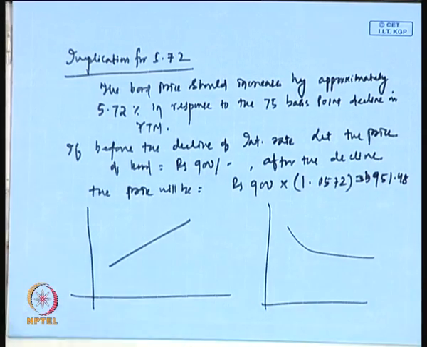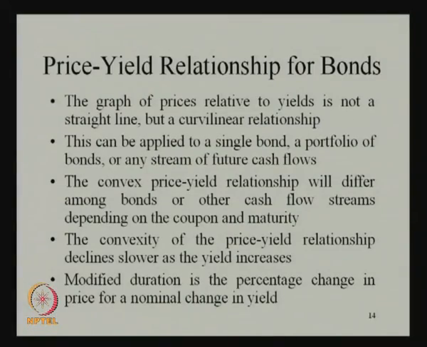If you want to show how this particular curve will look, and why it looks like this, that is the question we always have in our mind. In this context we should know what it exactly means. From theoretical considerations we can infer that there is a convex relationship between these two.